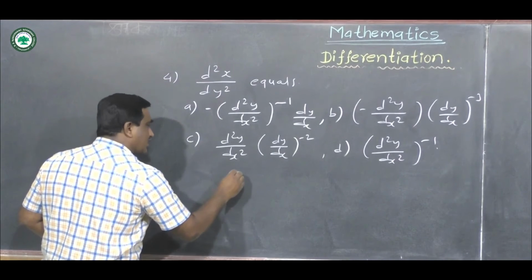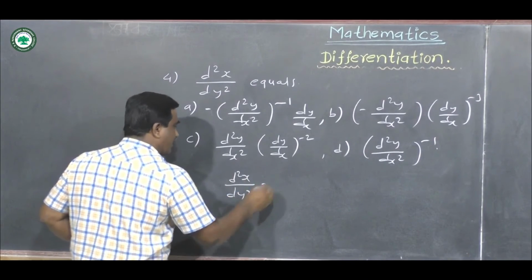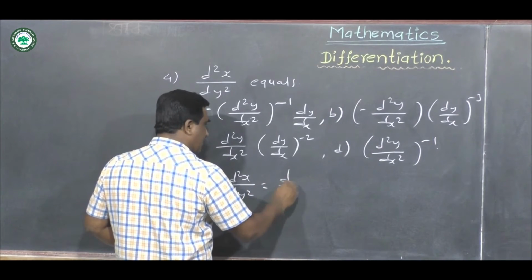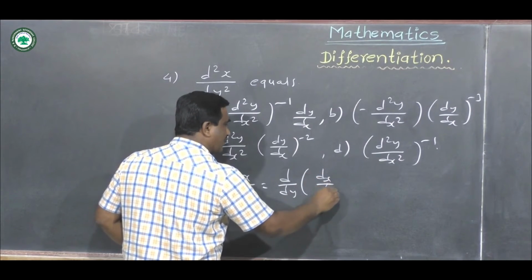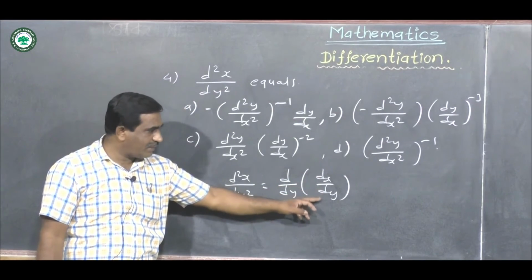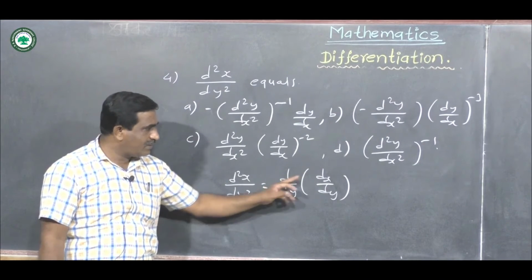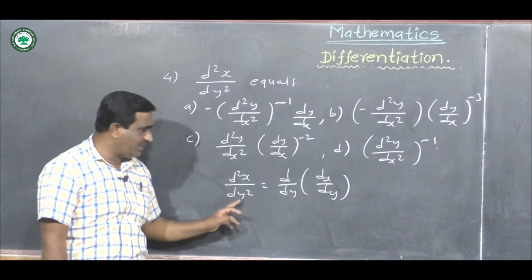That is, we can write first here d square x by dy square means d by dy of dx by dy, that is d square x upon dy square.